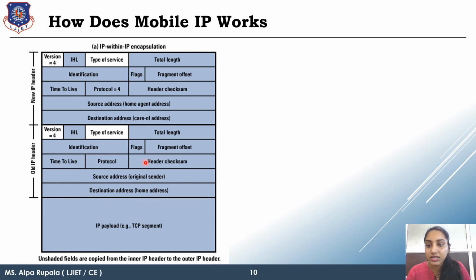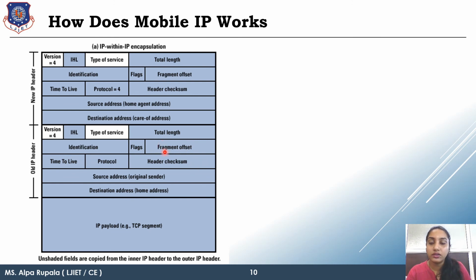Now the header checksum will have the error control mechanism, extra parity bits, then the protocol value, which can be anything according to your requirement. Then time to live, that means for how much time this packet should be delivered successfully.